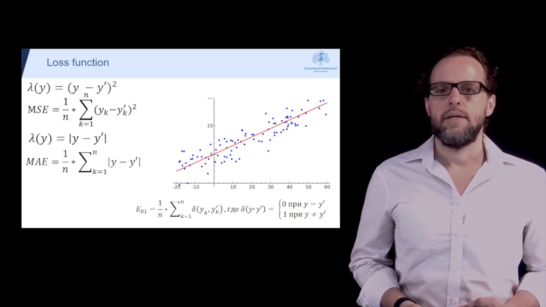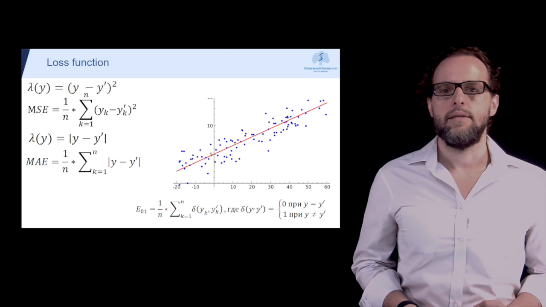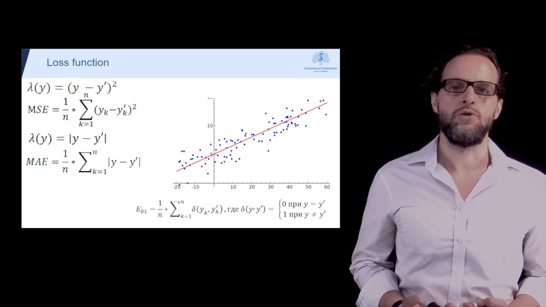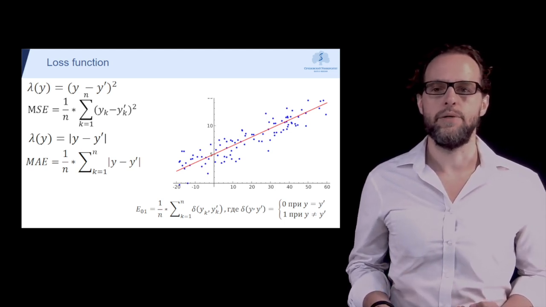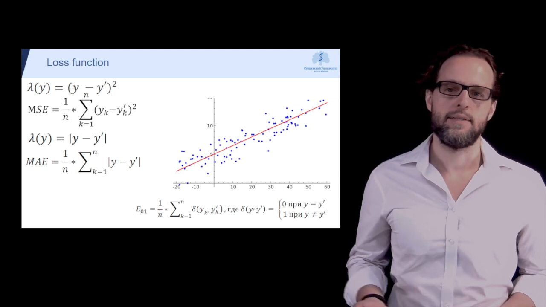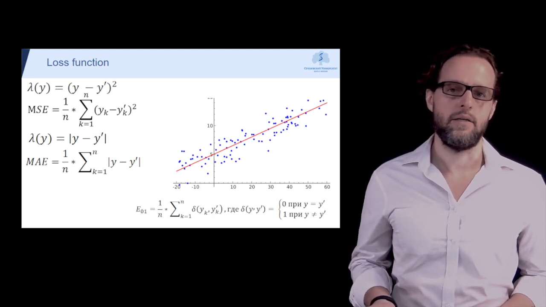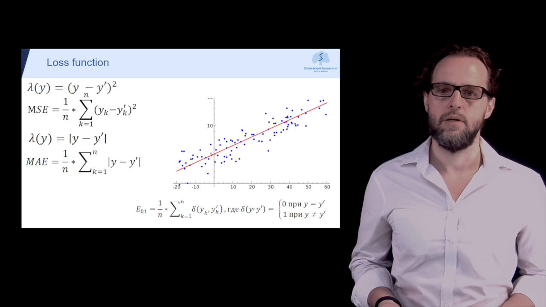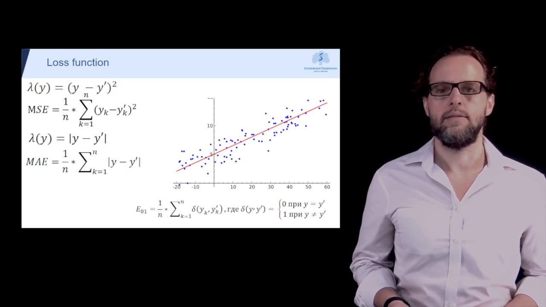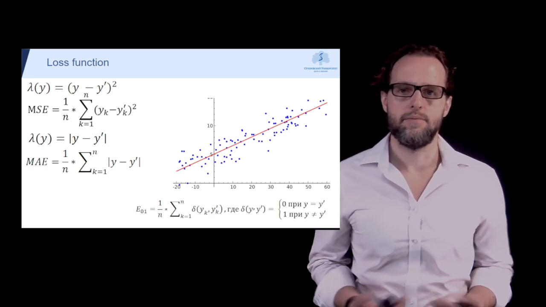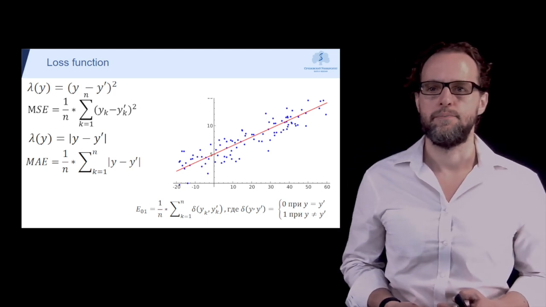A simple loss function is defined as a difference between the true and predicted values. For example, it could be mean square error or something like that. One of the simplest and most common loss functions is mean square error.